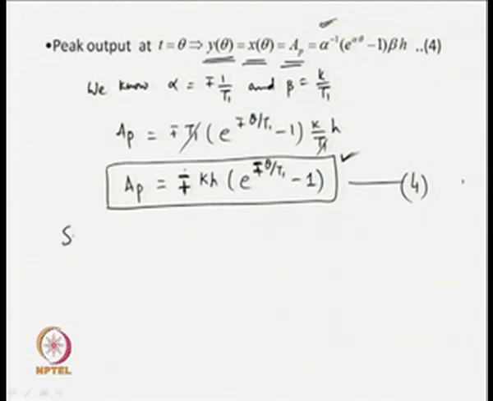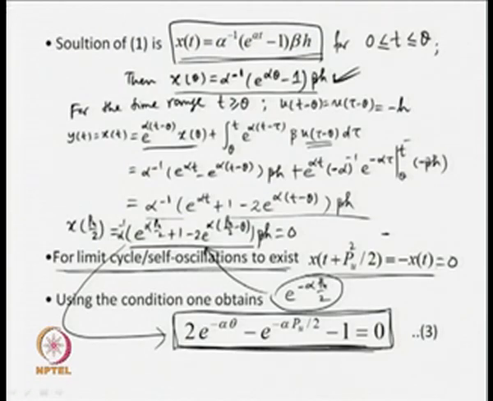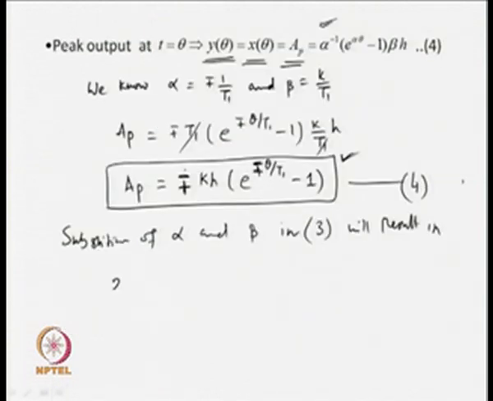Again, substitution of the same alpha and beta in equation number 3 will result in, what is equation number 3? We know that this is our equation number 3: 2 e to the power minus alpha theta minus e to the power minus alpha pi by 2 minus 1 is equal to 0.